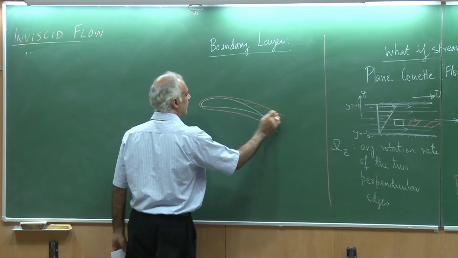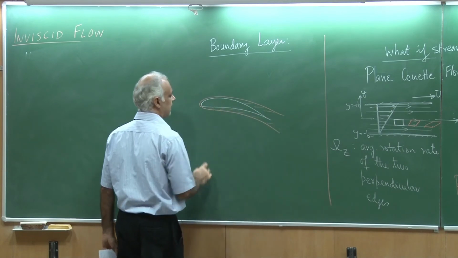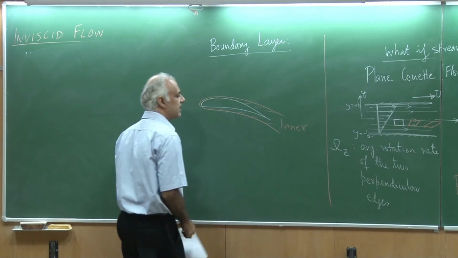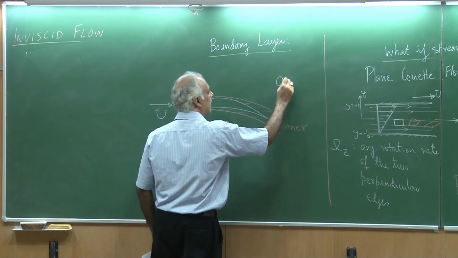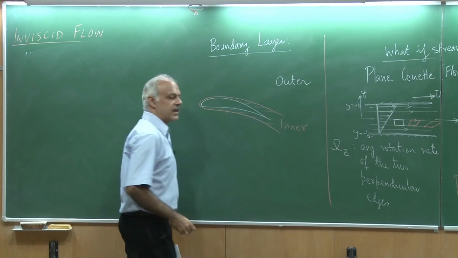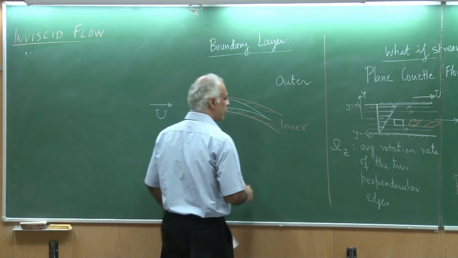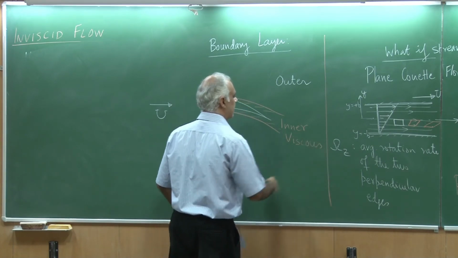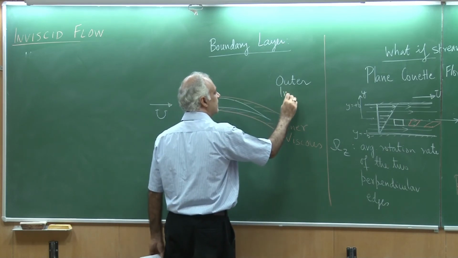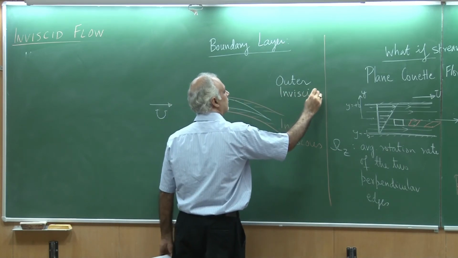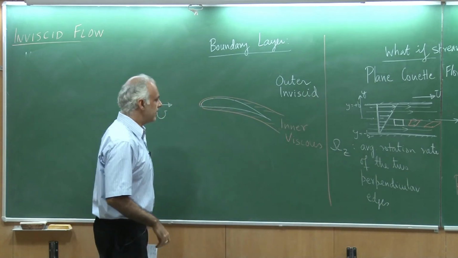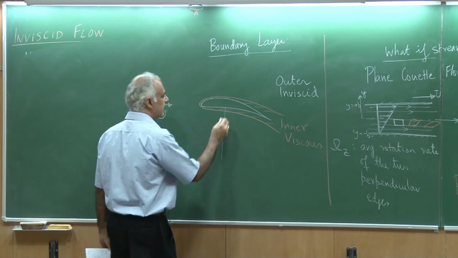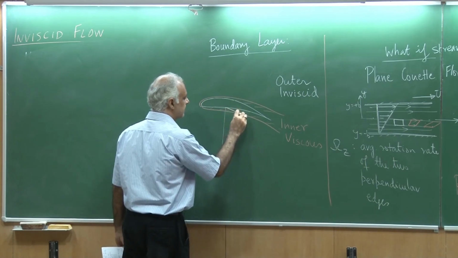This here is the inner solution, and the outer one is outside this layer. Here the flow is highly viscous, and here the flow is inviscid. If I look at a typical velocity profile, let us say at this point, the profile would look something like this.